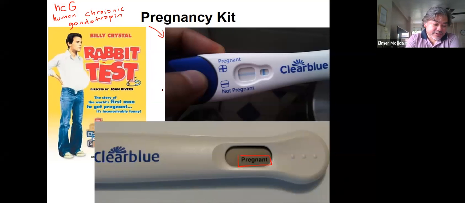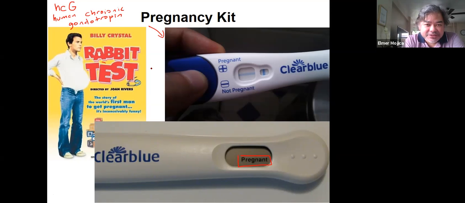Okay, and what they did here is they injected the urine into the ovary, and if they found the test is positive, then that female is pregnant. Okay. Now for the frog, the way that they used this pregnancy test, it induces the frog to lay eggs.